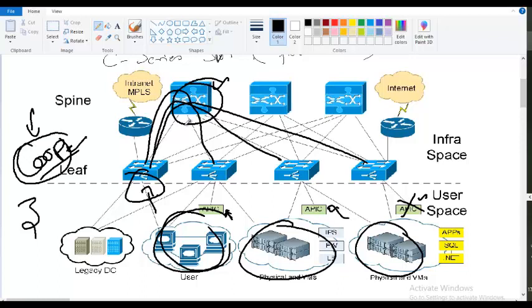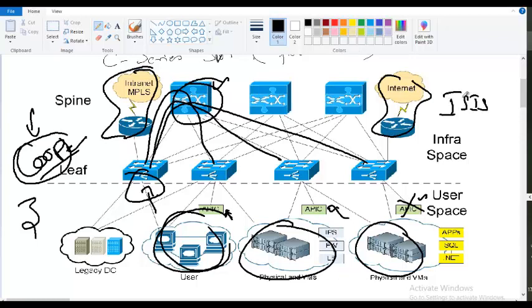Now external routes, meaning the routes coming from MPLS, routes coming from the internet, those are exchanged between the switches by the spine using MPBGP. So there are two protocols here we are seeing. One is ISIS, that is for local routing information.